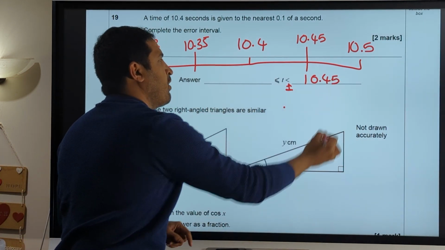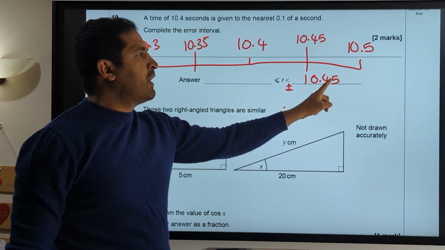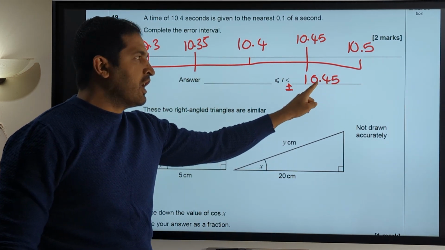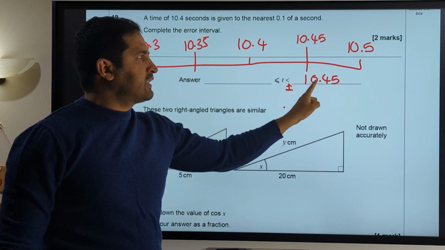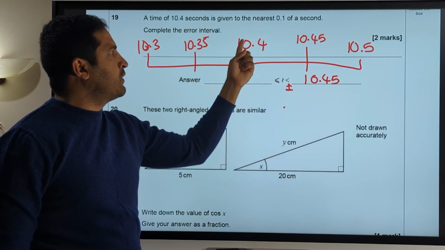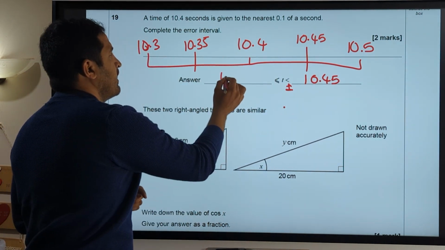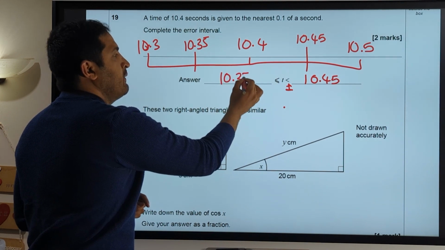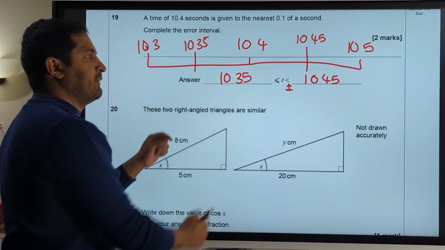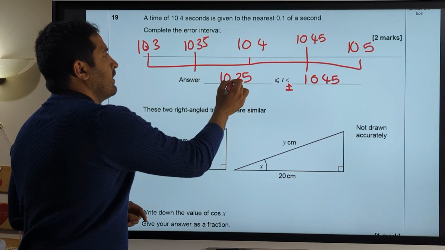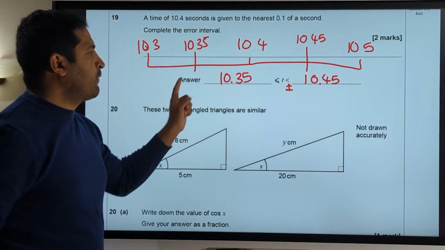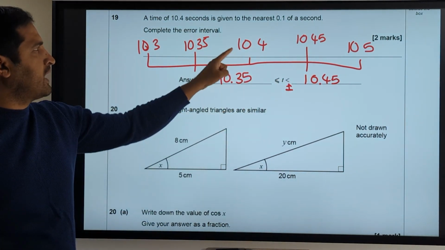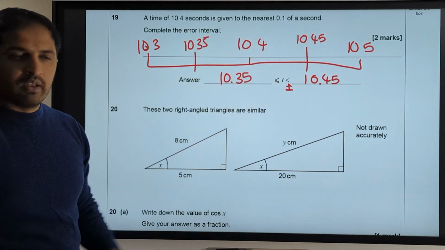The highest possible number is 10.449999 recurring. So anything that's strictly less than 10.45 will round to this, and anything that's bigger than or even equal to, that's why that symbol is there, 10.35 and 10.45, that's the error interval. So that's the time that should be within those boundaries.